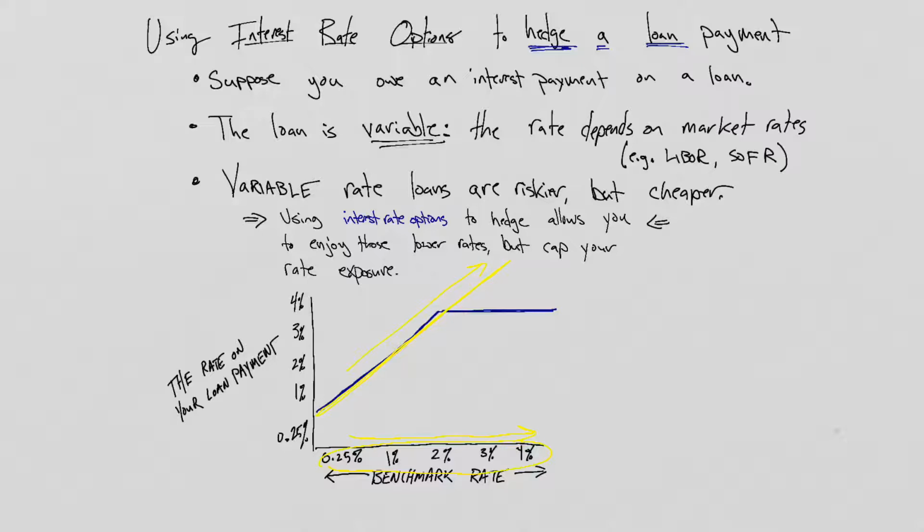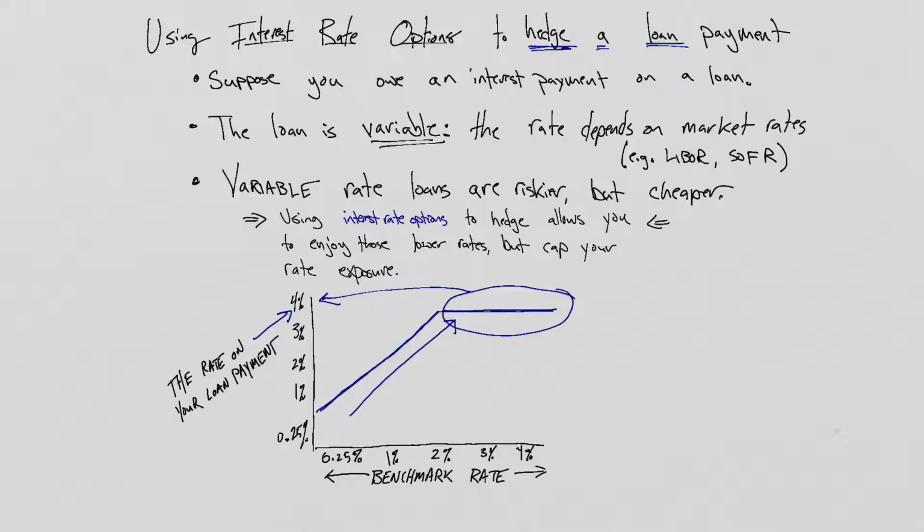But the key idea with an interest rate option is that we can still have the benefit of a variable rate loan if interest rates fall, but if they go too high, we can cap the amount of interest that we have to pay, and if they continue going higher, we are still capped.